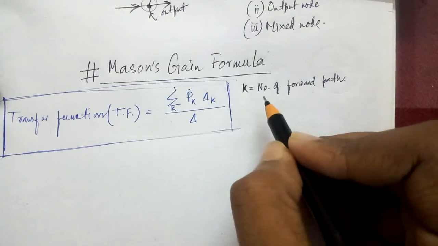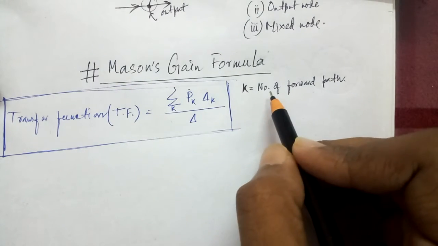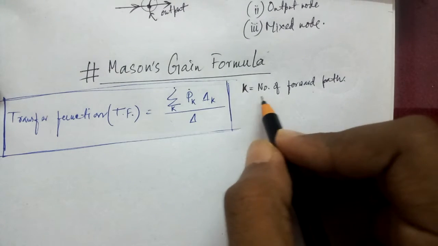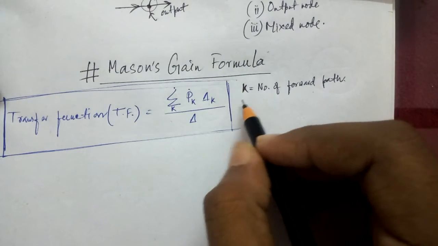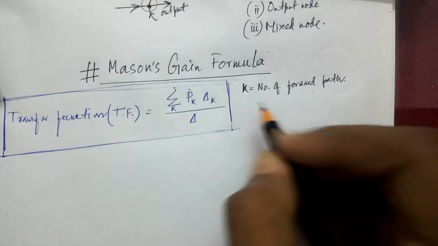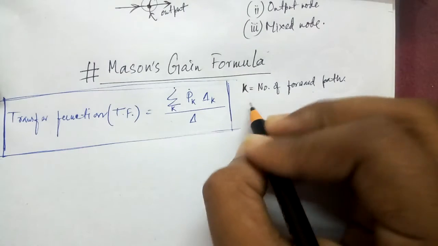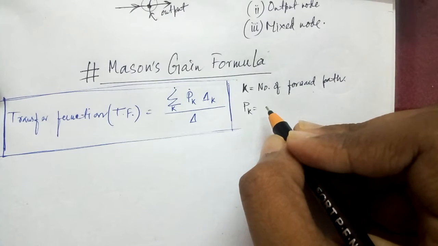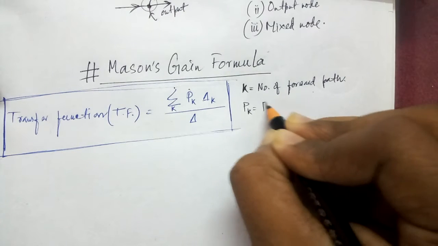Still, you remember these names, and the functionality will be discussed later on and it will be more clear to you. Now k is the number of forward paths and Pk is the forward path gain of the kth path.